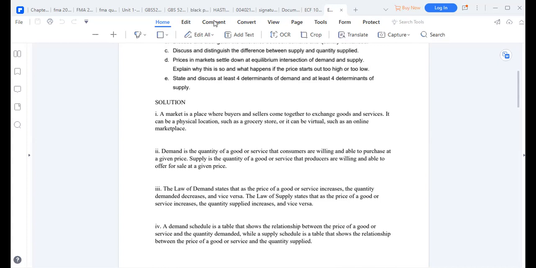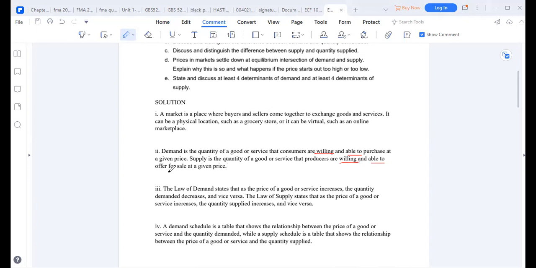So if you check properly, the key terms that you need to understand here are ability and willingness. These are moving hand in hand. When we go to supply as well, it talks about the willingness and ability to offer at a given period in time.